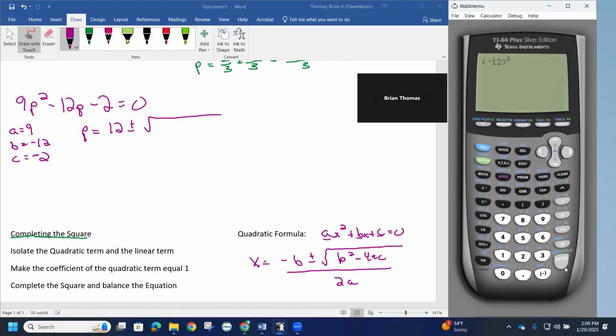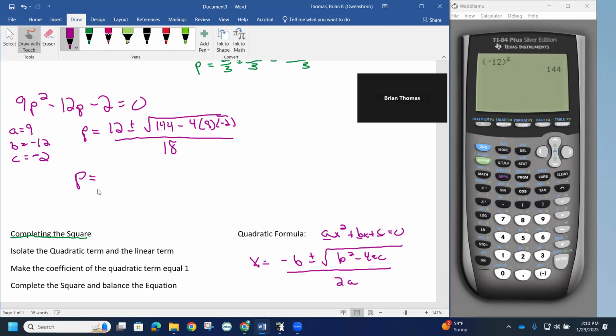Squared, because we know that a negative times a negative is a positive, so it's going to be 144. Minus then 4 times a, which is 9, times c, which is negative 2. So I still have a little bit of math to do inside there. And then on the bottom, we have 2 times a, so it's going to be 2 times 9, which is 18.